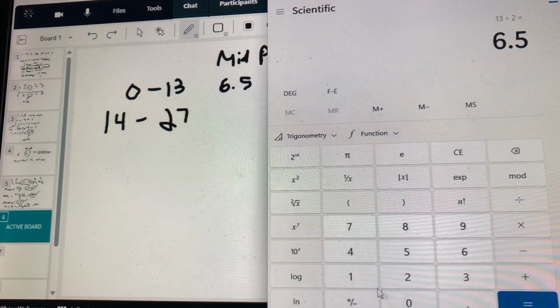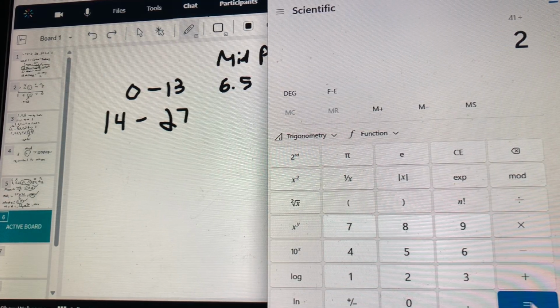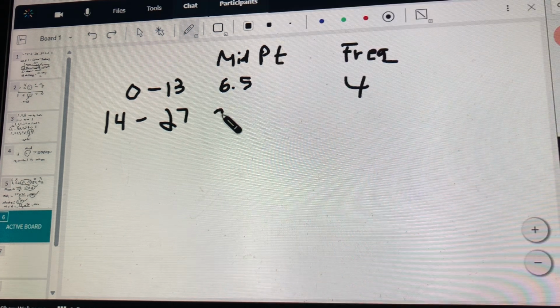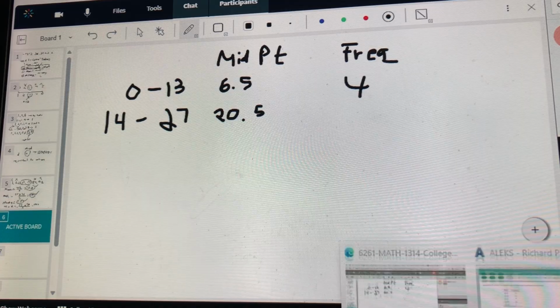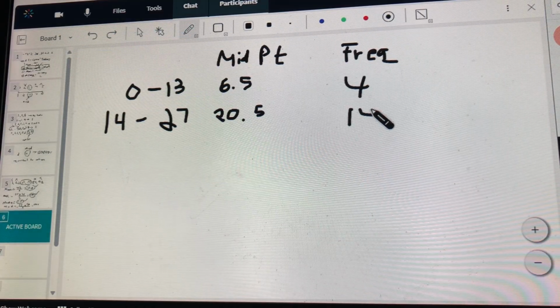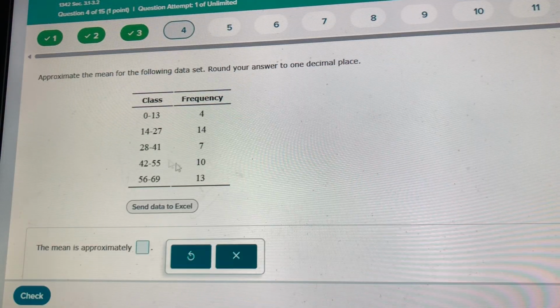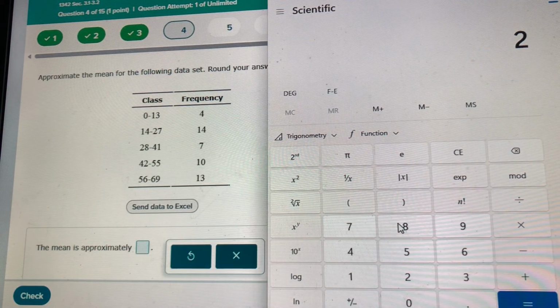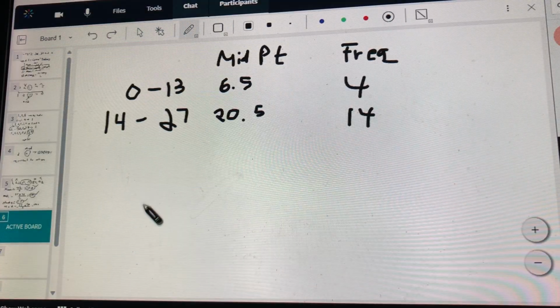So if you do 14 plus 27 and divide by 2, that's the midpoint of that frequency of that class, 20.5. Now, one thing that'll happen is you'll start to see a pattern in the answers. So there's 14 of those. So the next class goes from 28 to 41. 28 plus 41 divided by 2 is 34.5.